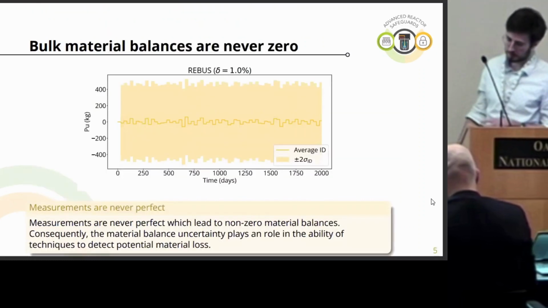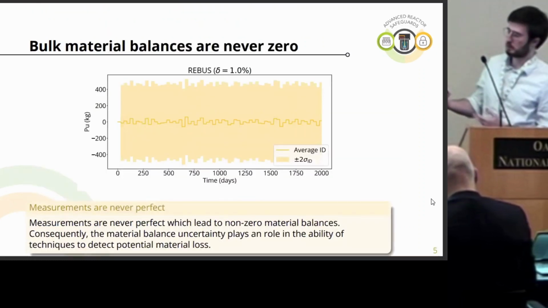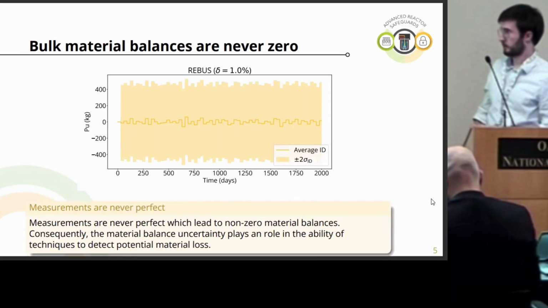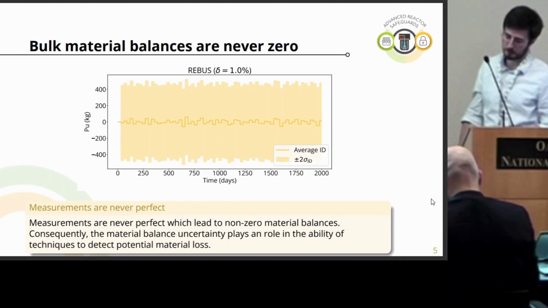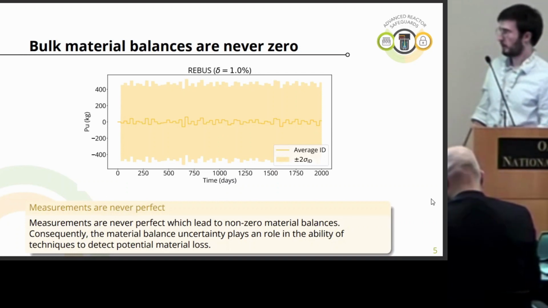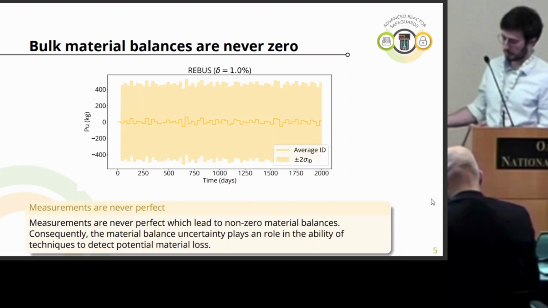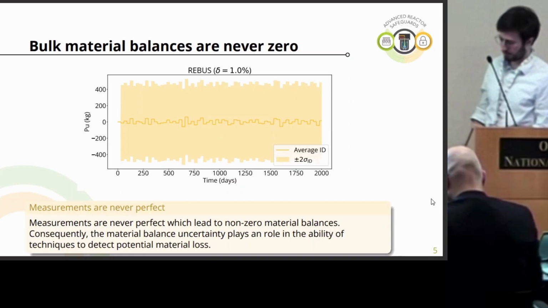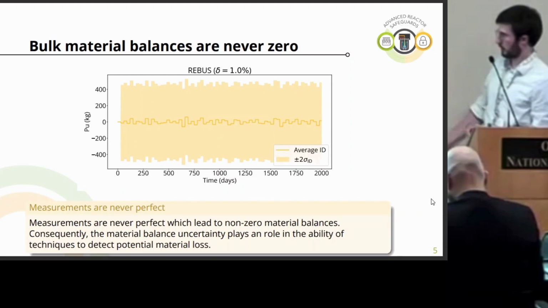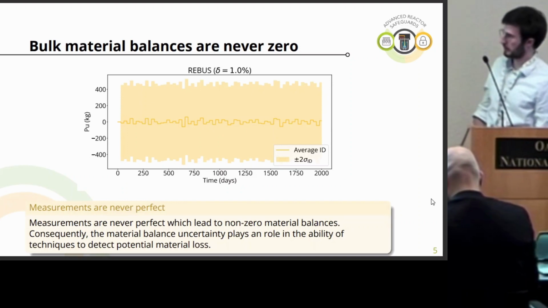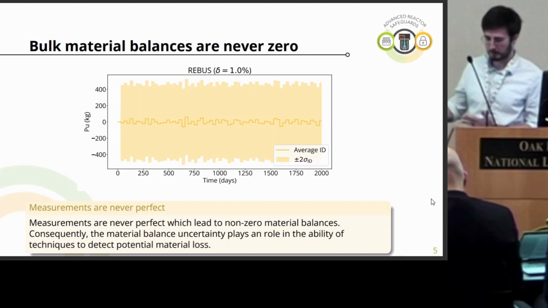And so in practice, this equation never comes out to be totally 0, because you have some sort of measurement uncertainty, right? And this measurement uncertainty in your material balance, which can be called your sigma MUF or your SEID, depending on what regulations you're looking at, is an important factor in determining what your system performance is.